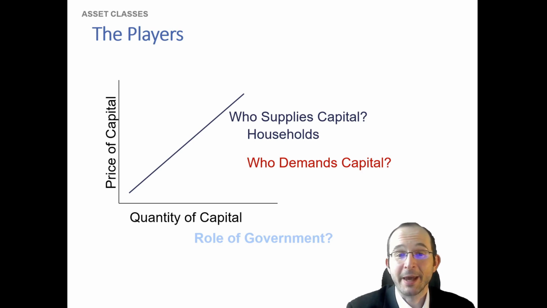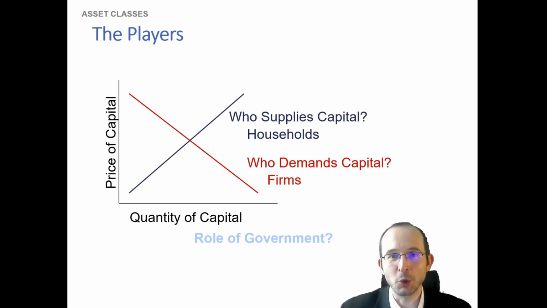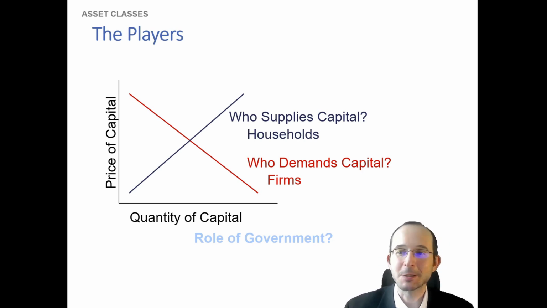Now, who demands capital? Well, who actually uses it to finance real assets? Well, it's firms. And the demand curve for capital we expect to be downward sloping, because the more costly the capital, the less of it a company will actually want to use. Think about it this way: if you can't get a loan unless you can pay 10% in interest, well, that'll limit a lot of what you can do with that loan.